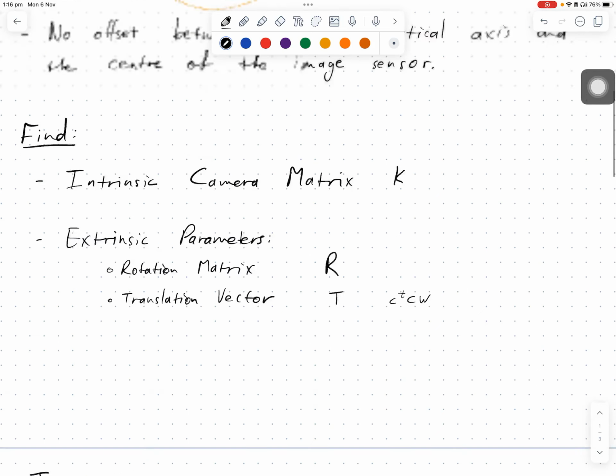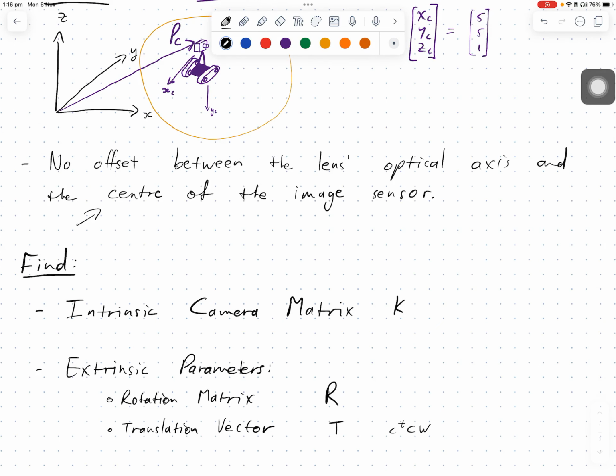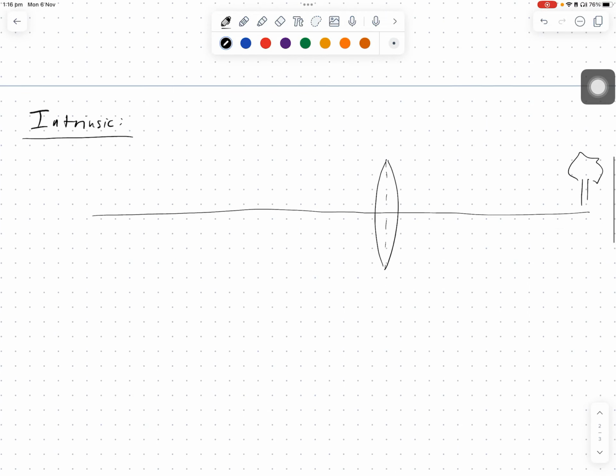And what this little note here is telling us is the lens's optical axis, which we've just drawn, and the center of the image sensor do not have an offset. So that means that if we imagine our image sensor here, I'm not sure if I'm drawing that right, I'll just do it intuitively.